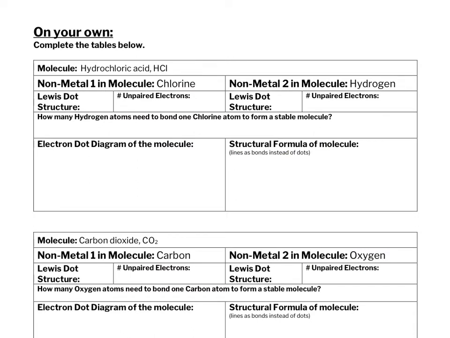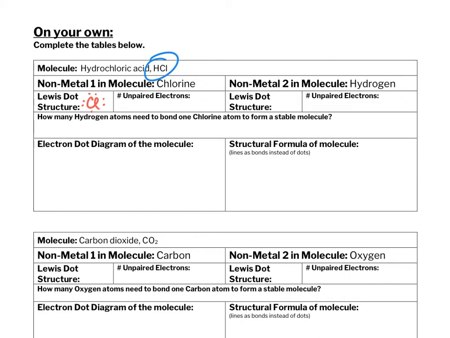All right, let's continue. Molecule hydrochloric acid, HCl. Now, we talked about this before. Hydrochloric acid, that's regular stomach acid, as well as other acids you can find out there. Lewis dot structure for the nonmetal, chlorine, a halogen, 7 dots, unpaired electrons.